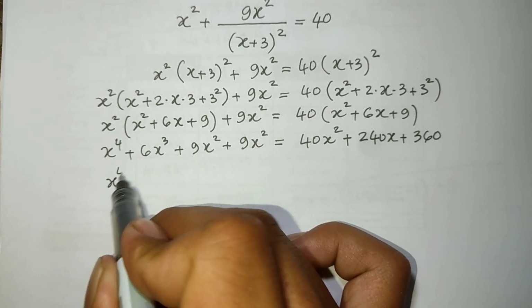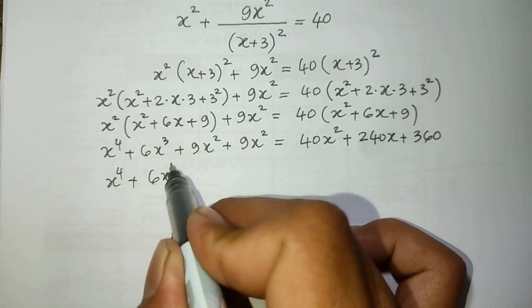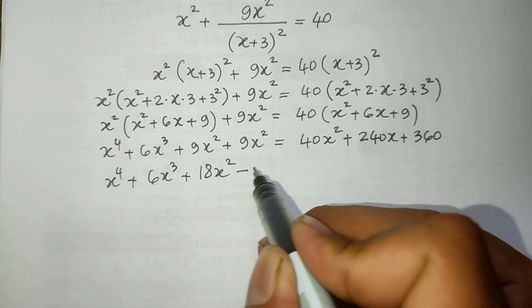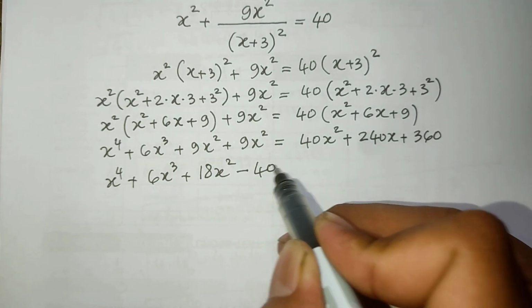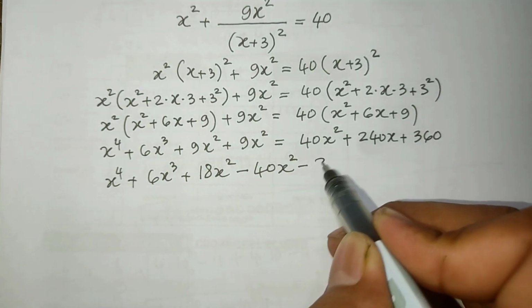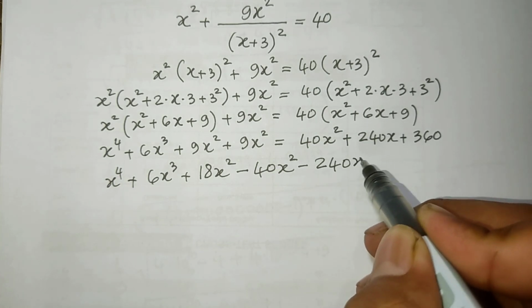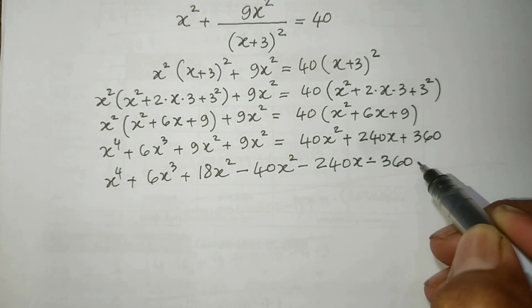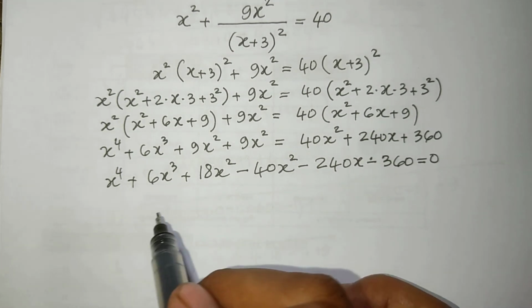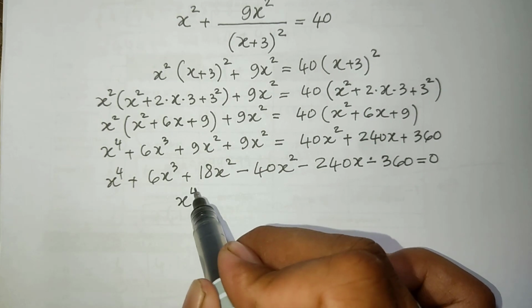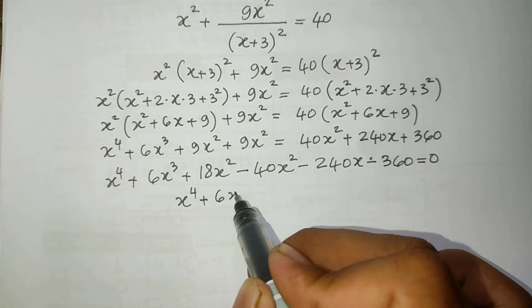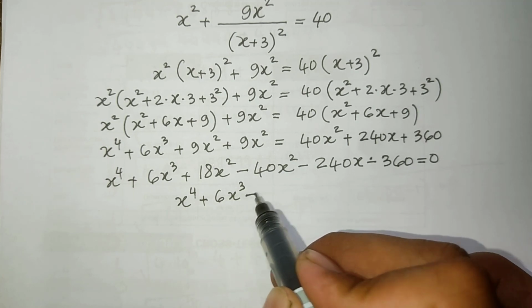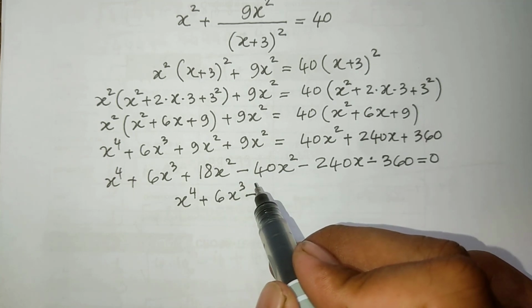We get x to the power 4 plus 6x cubed plus 18x squared minus 40x squared minus 240x minus 360 equals 0.